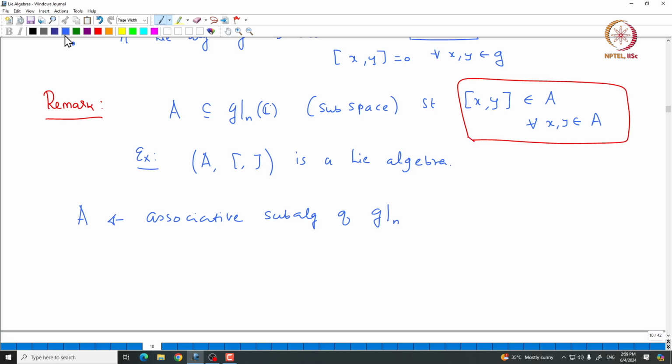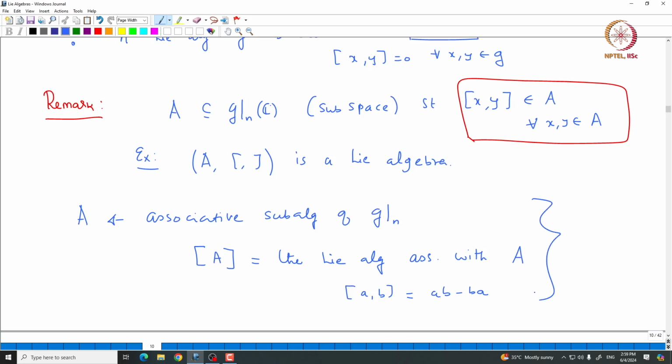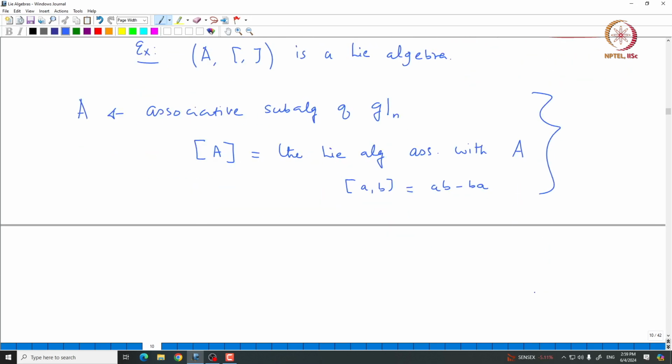That Lie algebra is often denoted by the bracket A. So this is the Lie algebra associated with capital A. That means the bracket is defined to be AB minus BA. Now what does the structure of the Lie algebra tell us?